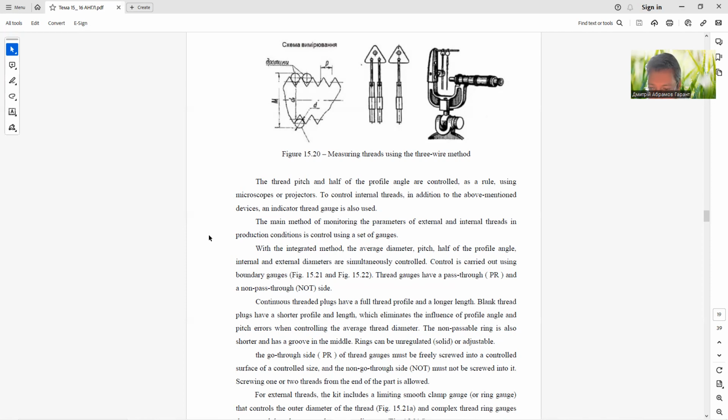The no-go ring is also shorter and has a groove in the middle. Rings can be unregulated, solid, or adjustable.